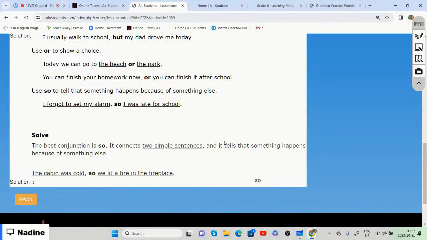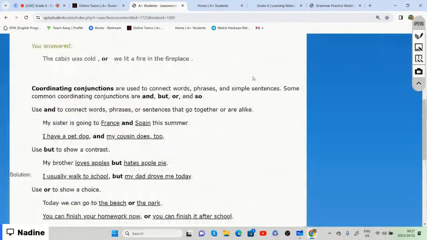So we said that coordinating conjunctions are used to connect words, phrases, and simple sentences. Some coordinating conjunctions are and, but, also.